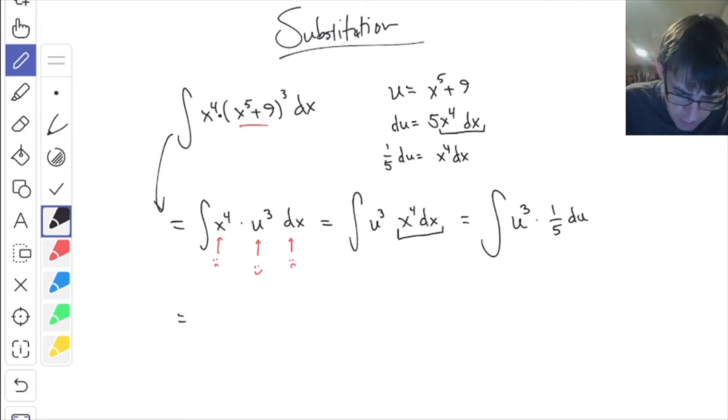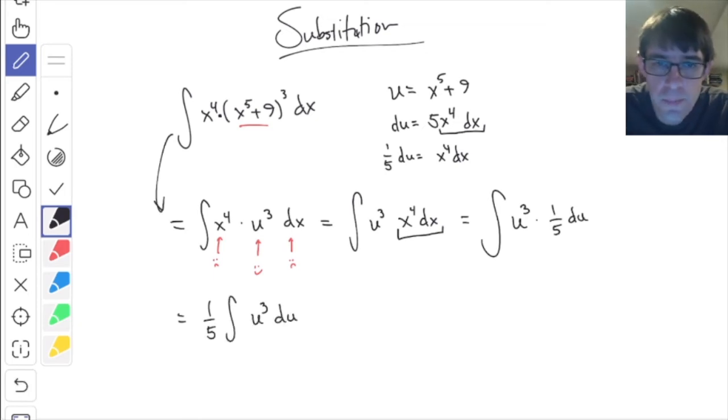That is a constant multiple, and as we have discussed already, you can always pull a constant multiple out of the integral. So just to make the antiderivative easier, I'm going to bring the 1/5 out front. The 1/5 will just stay out front, and it will be a multiple on front of whatever the answer is. Anyway, now we are finally at the point when we can do the antiderivative.